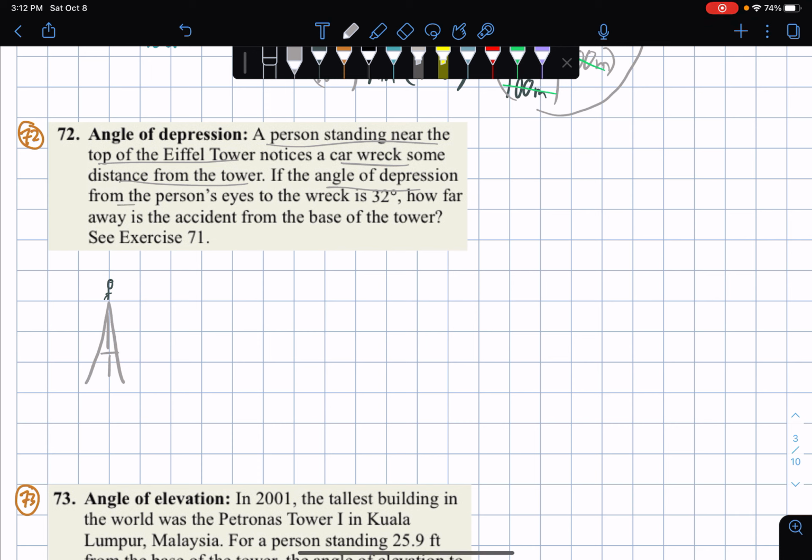Angle of depression from the person's eyes to the wreck is 32 degrees. So from angle of depression, of course, we need to illustrate our line of orientation and assume that this is our triangle. This is the most likely triangle that we'll be seeing in this situation. So let's say this is where the car wreck is.